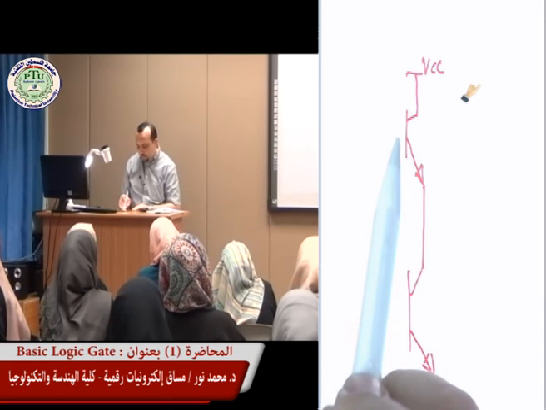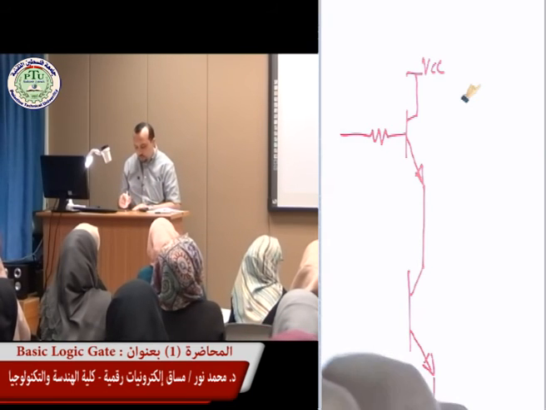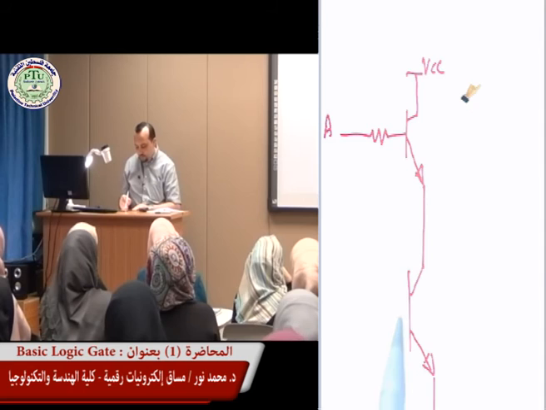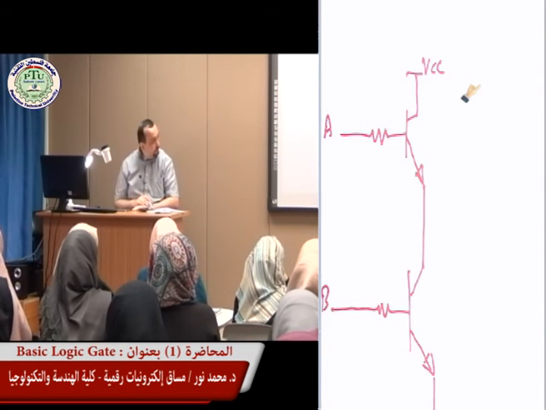We have here a resistor. We have here A. We have here another resistor. We have this B.